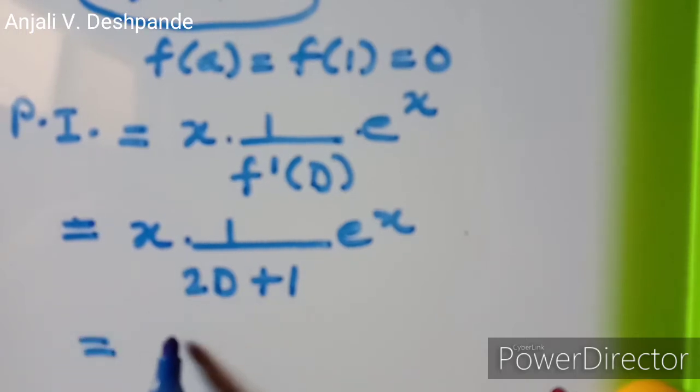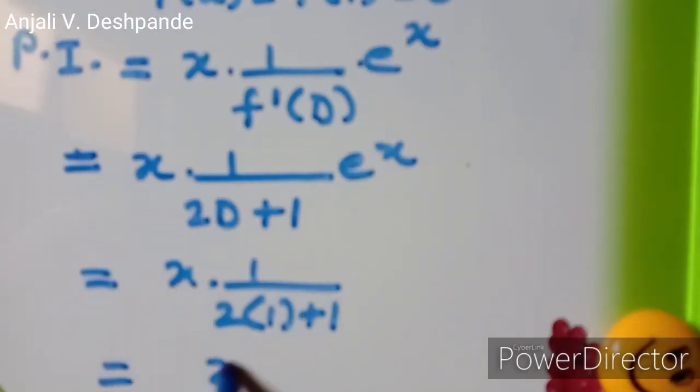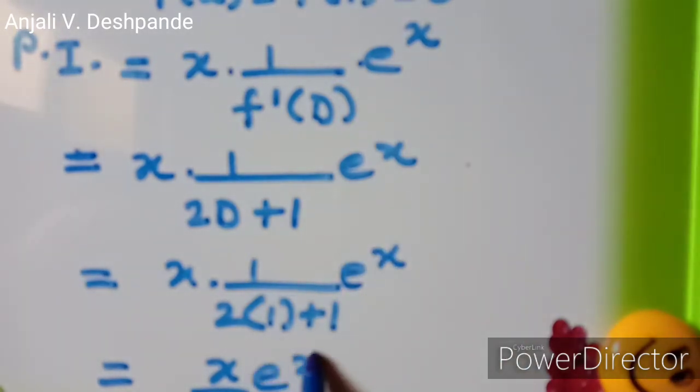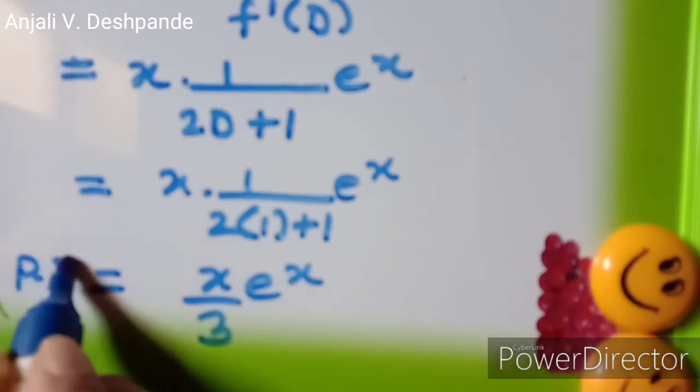So this will give us x into 1 upon 2 into 1 plus 1, so this is equal to x upon 3, x into e raised to x, and here also e raised to x. So x upon 3 into e raised to x is the particular integral for this particular sum.